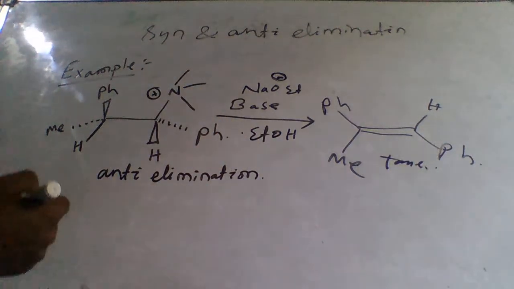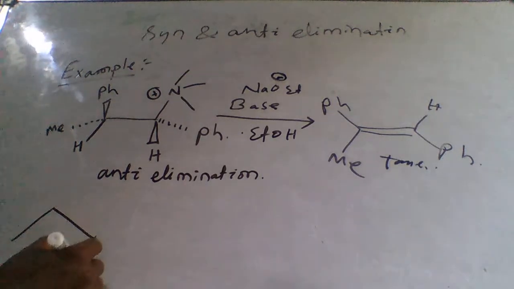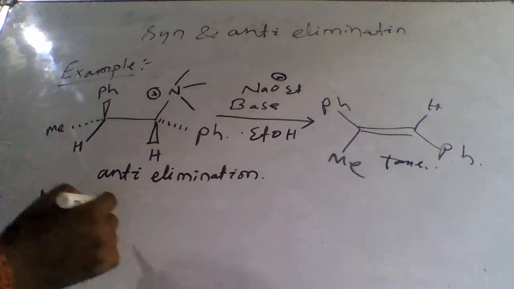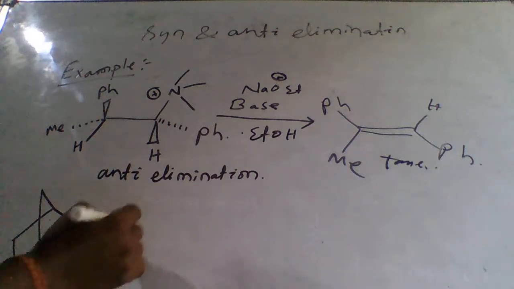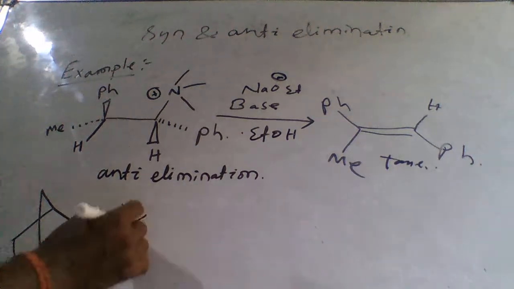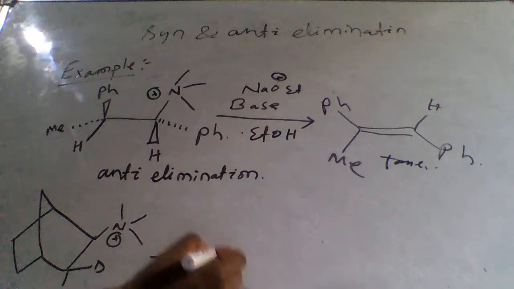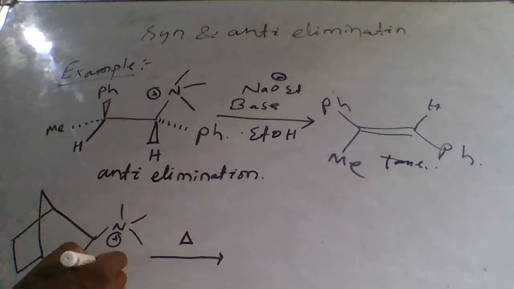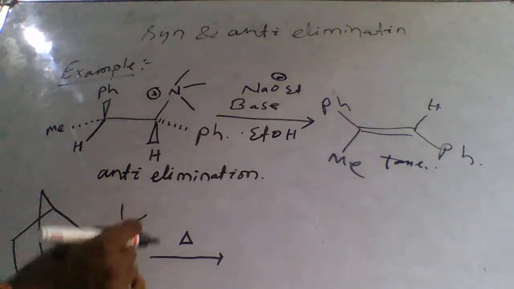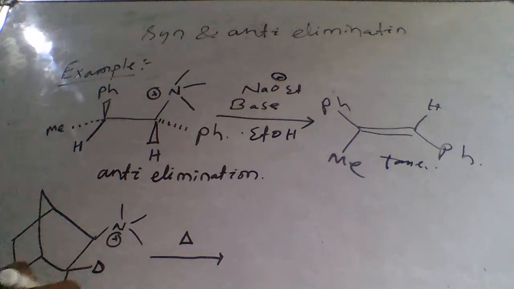Another example, we'll take another norbornane system. Here when we heat, it will give the product, but here it is always Syn elimination, because this is a rigid system.